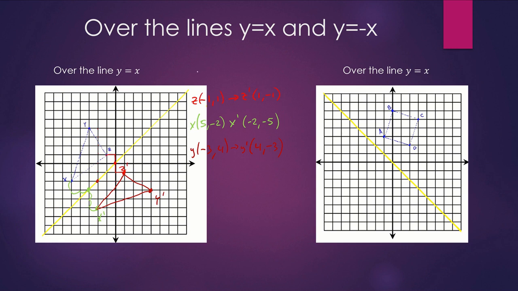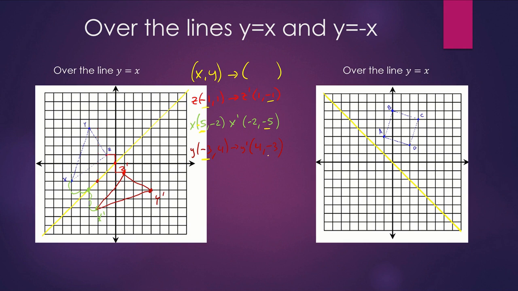So this is the original xy. What happened? If you notice, the original x became the y. It didn't switch signs, it's still negative. It just switched location. Same with this -5. That -5 became here. Same with this -3.